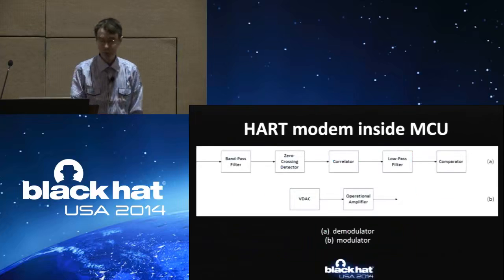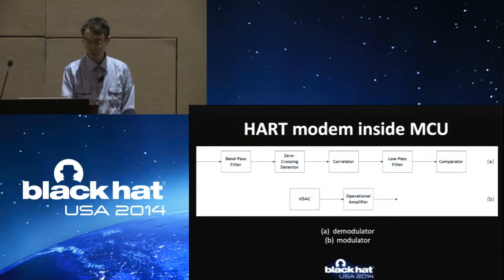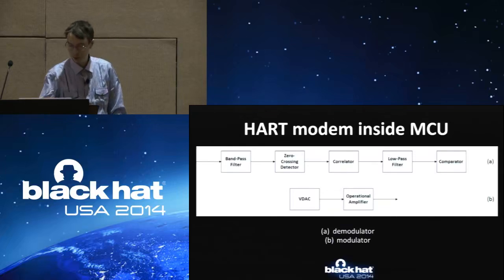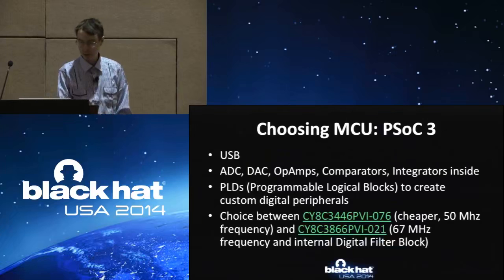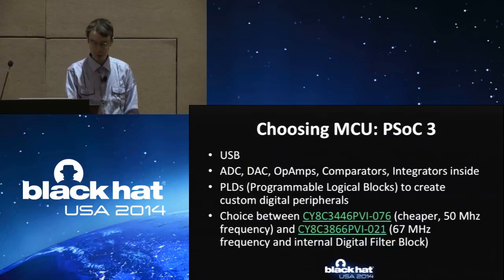The HART modem is inside the MCU. The demodulating algorithm is based on previous century HART FSK demodulator methods, and a high power amplifier is added after the digital analog converter in the modulator circuit. The hard task was to choose the microcontroller unit for the board. After many tries, I've chosen the Cypress programmable system on chip, PSoC 3 family.